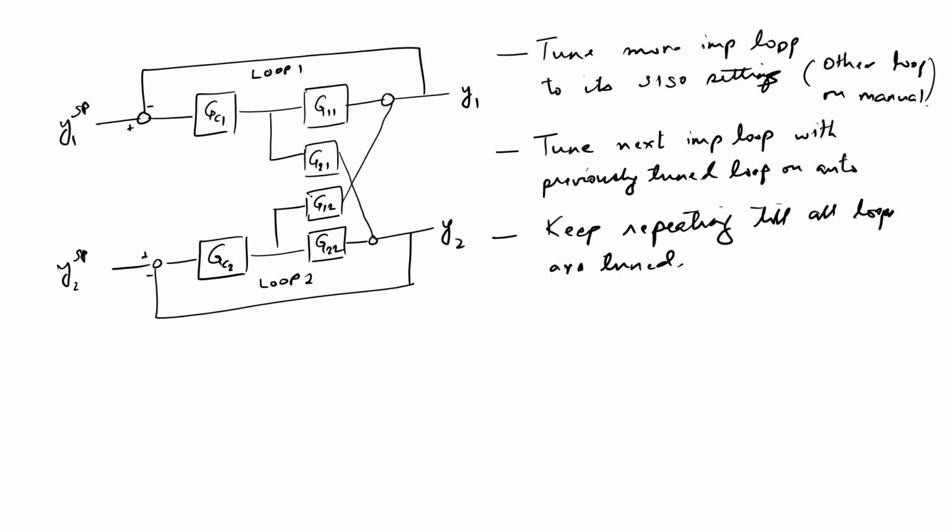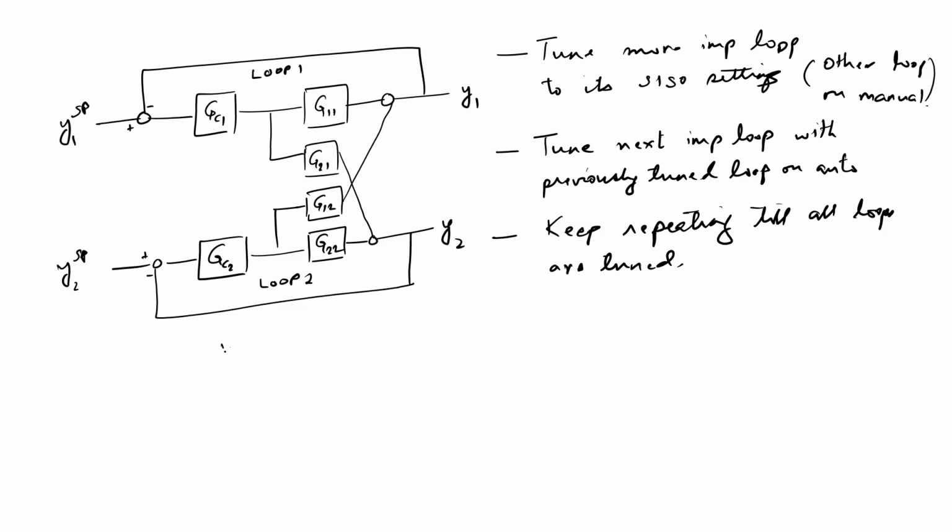Okay, but now because loop 1 is on automatic, the figure of 8 interaction is operative when you're tuning loop 2. On the other hand, when loop 1 was being tuned, because loop 2 was on manual, the figure of 8 interaction was not there. So in this way you get very tight tuning for loop 1, and all the detuning ends up in loop 2.